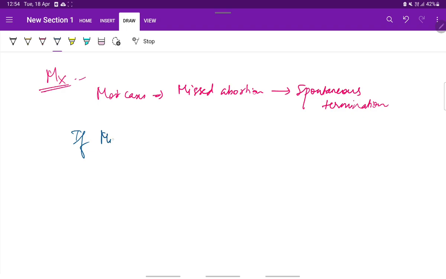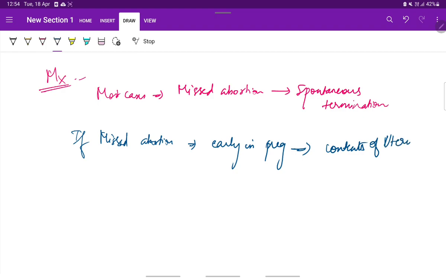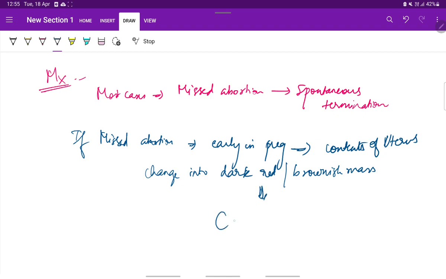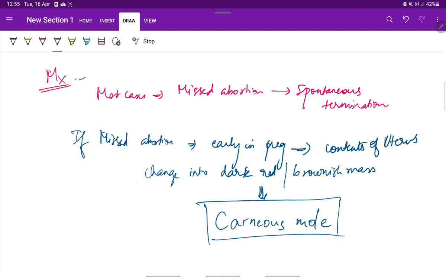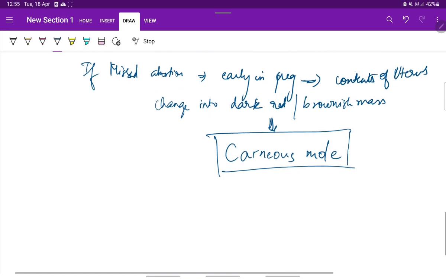If the missed abortion occurs early in pregnancy, then the entire contents of the uterus change into a dark red or brownish mass, which is known as carneous mole.